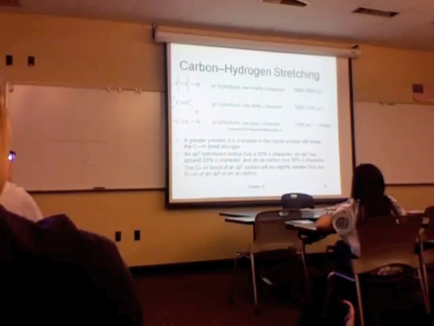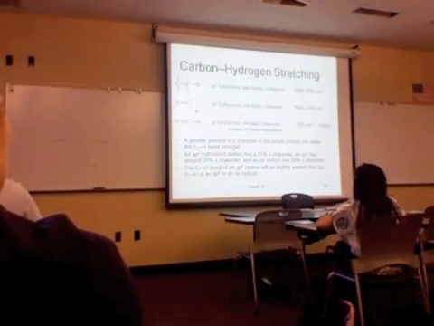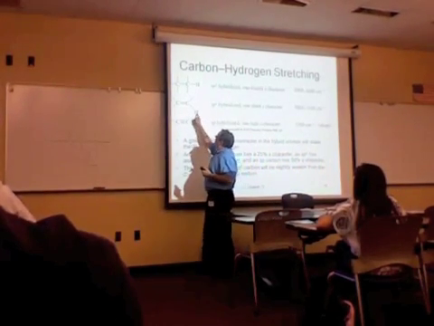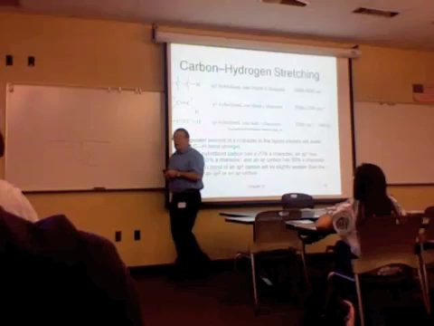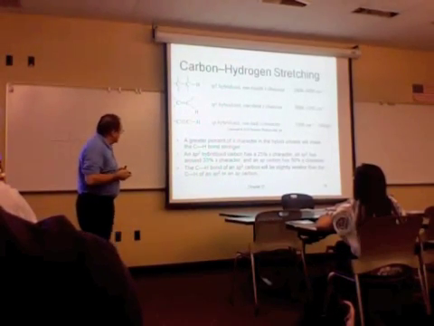The P is bigger, the S is a little bit shorter. So the greater the S character, the shorter the bond, the stronger the bond. That's what that's saying here. So we're going to see a stronger bond here and here than there. And that's the explanation that we use to describe the difference in position.